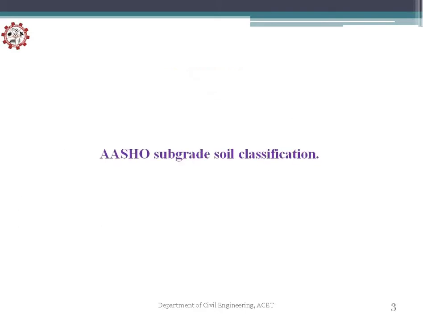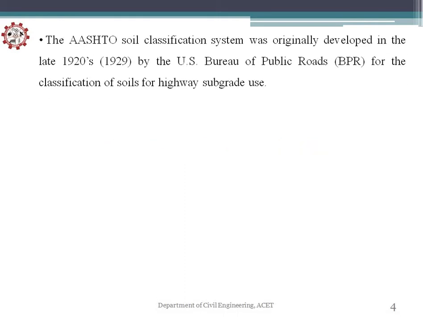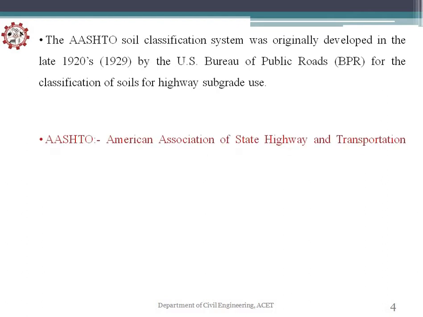So first we are going to learn about AASHTO subgrade soil classification. The AASHTO soil classification system was originally developed in the late 1920s by the US Bureau of Public Roads for the classification of soils for highway subgrade use.